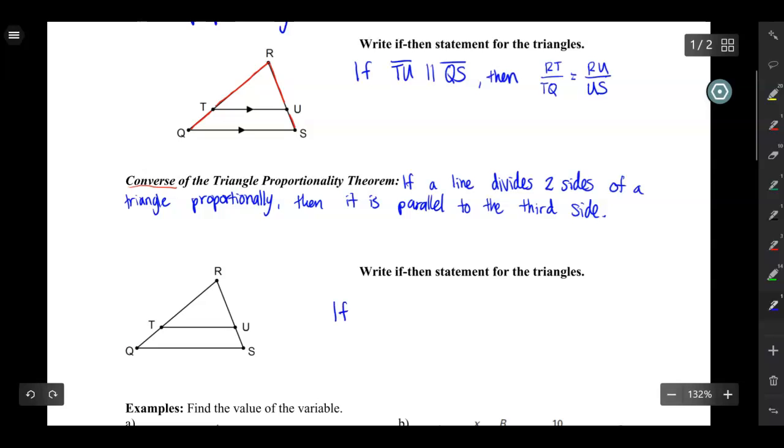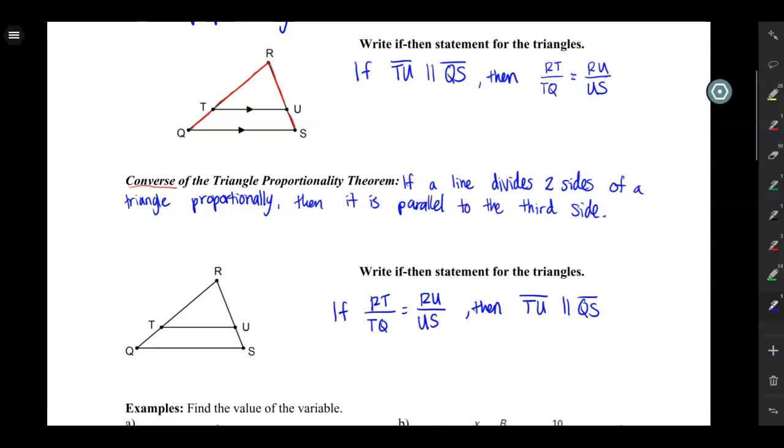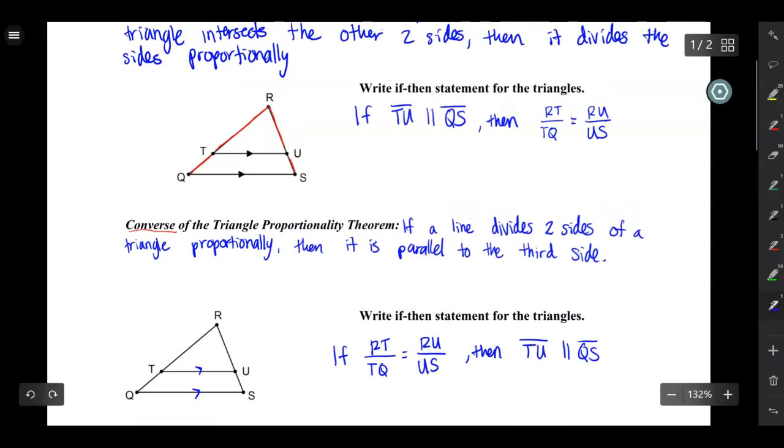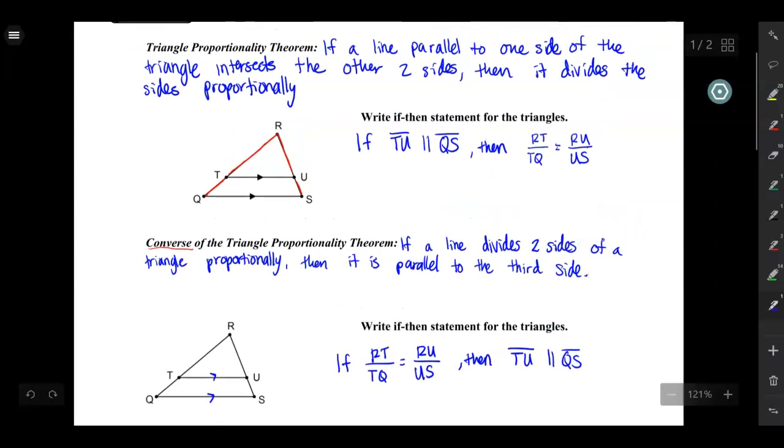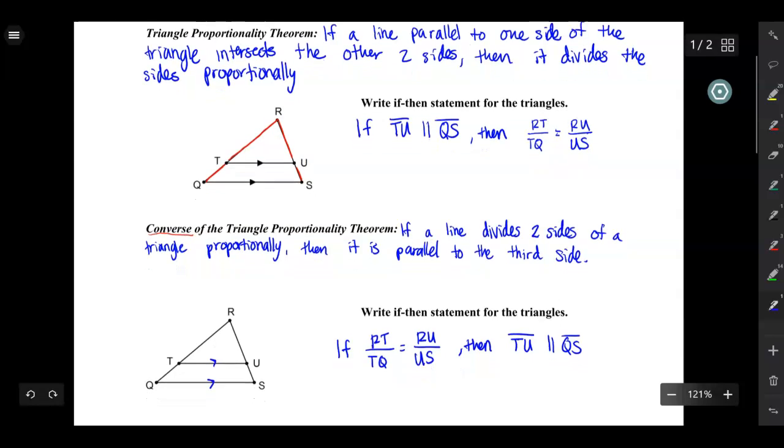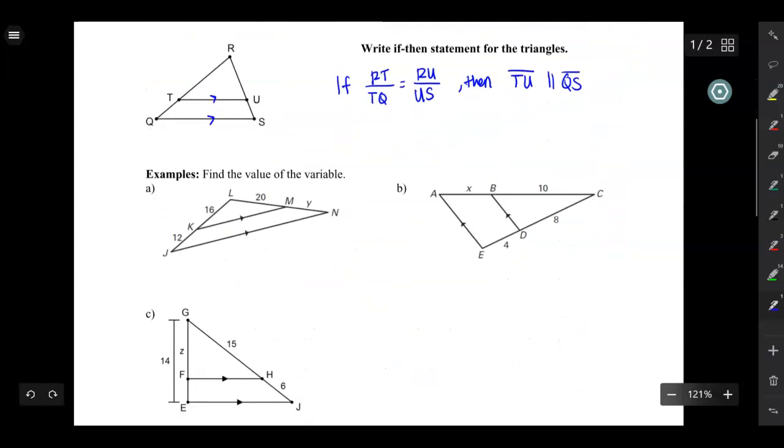If I start with the ratio of RT to TQ being proportional to RU to US, if I know those are proportional, then I know that TU is parallel to QS. So based on the proportionality, I can prove that those two lines are parallel to each other. You can use either version, the triangle proportionality theorem or its converse, to help you prove some important things about triangles.